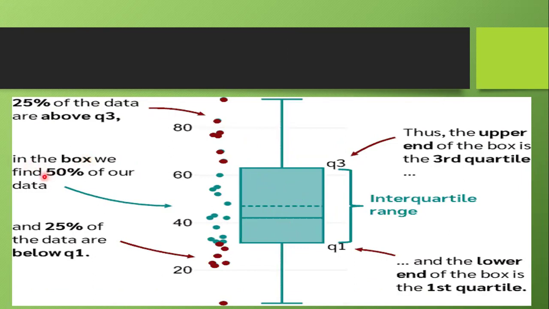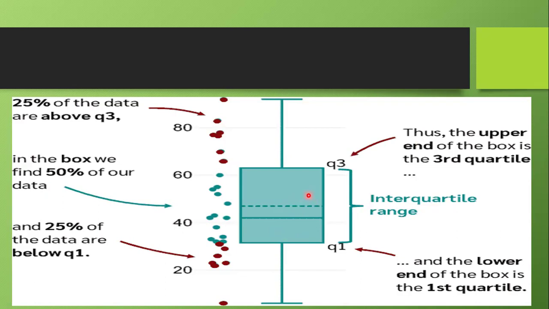In the box we find 50% of our data. This is the box. 50% of our data is in the box, and 25% of the data are below Q1. So this is quartile 1 basically. The upper end of the box is the third quartile, and the lower end of the box is the first quartile.